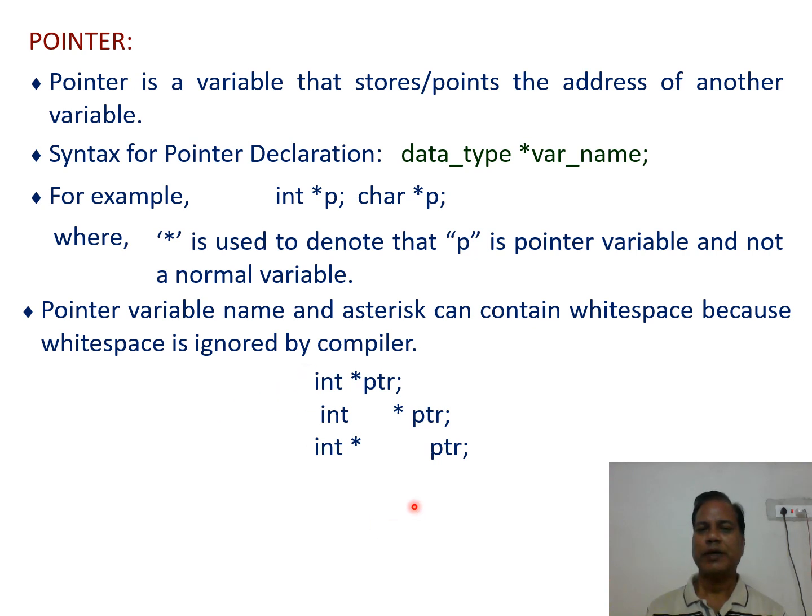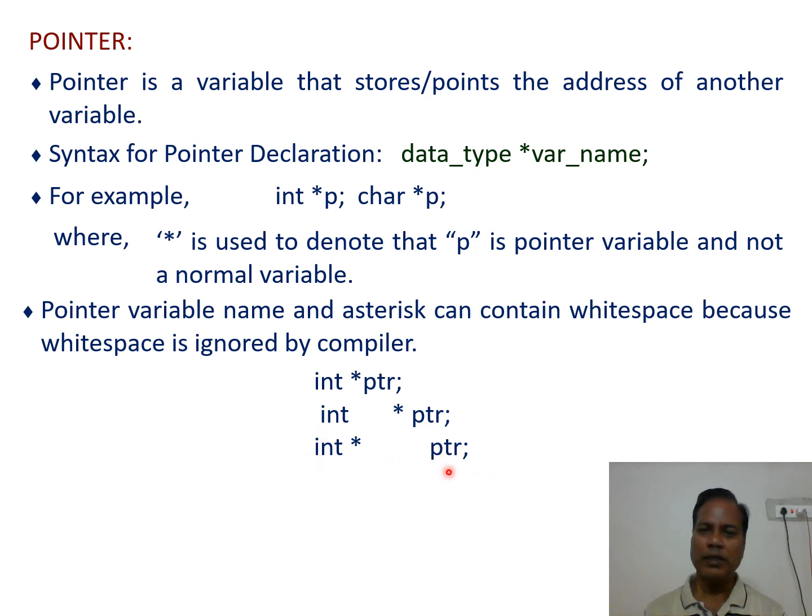So in this example, we have int *ptr;. In the second example, we have left white spaces and then *ptr;. And in the third example, int * then white spaces, ptr;.